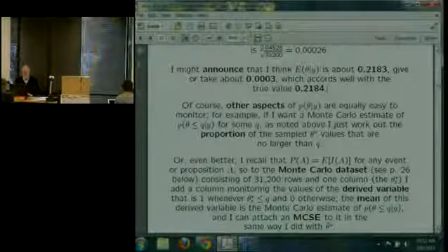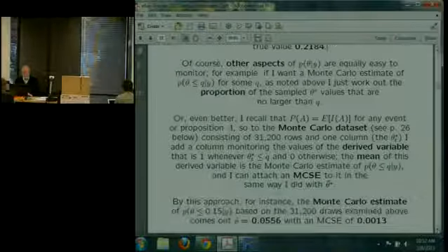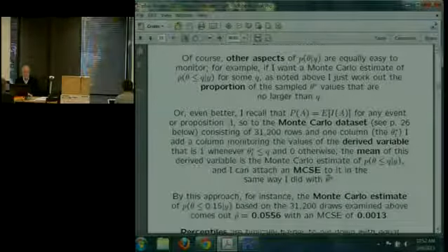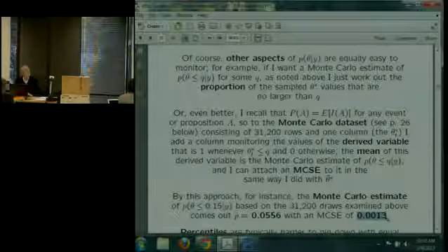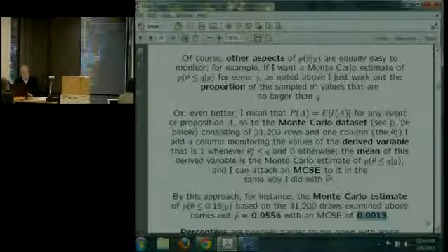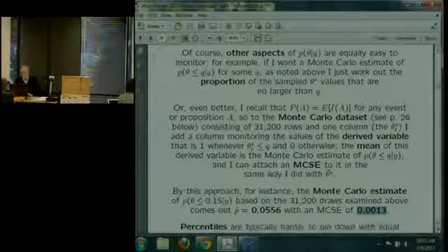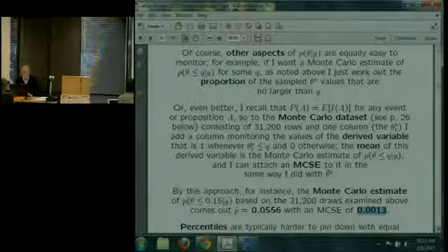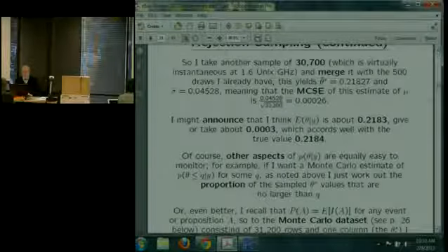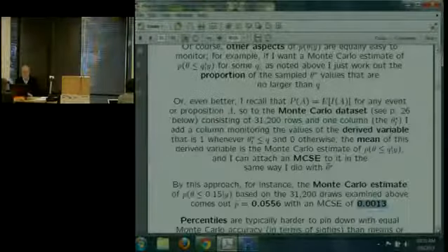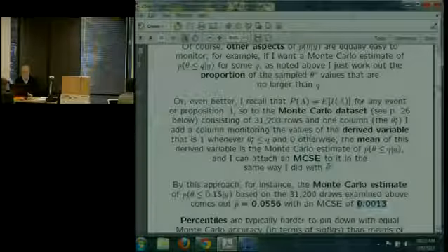But when I'm interested in one of these percentiles or quantiles, the Monte Carlo standard error is much larger. Used to be 0.0003, and now it's 0.0013. So 13 divided by 3 is about 4, about 4.5 times larger.